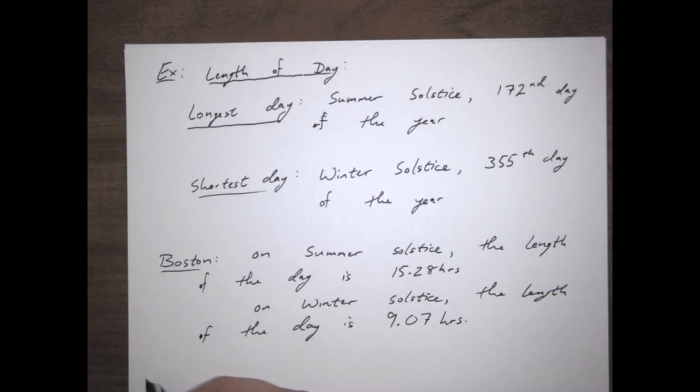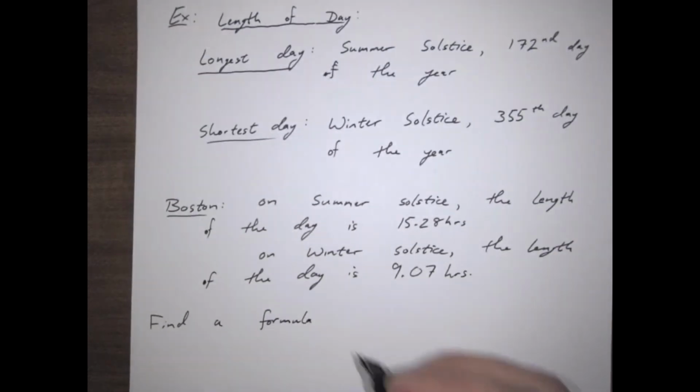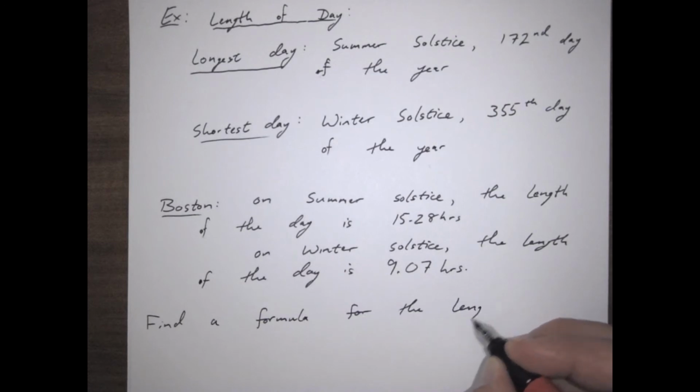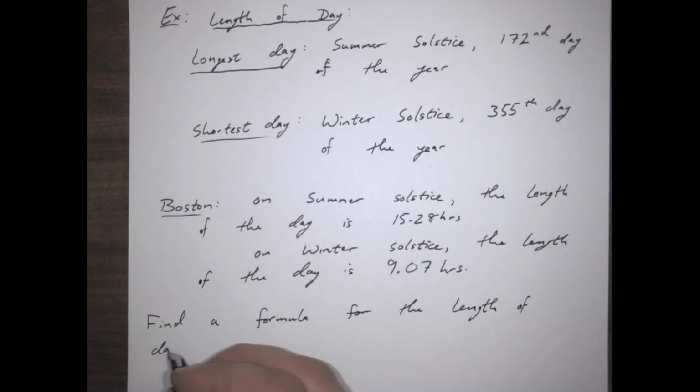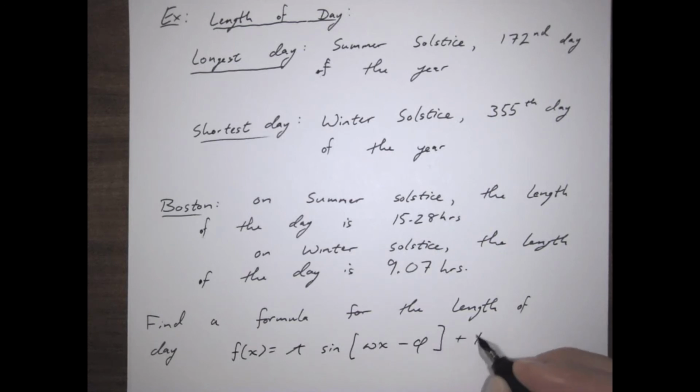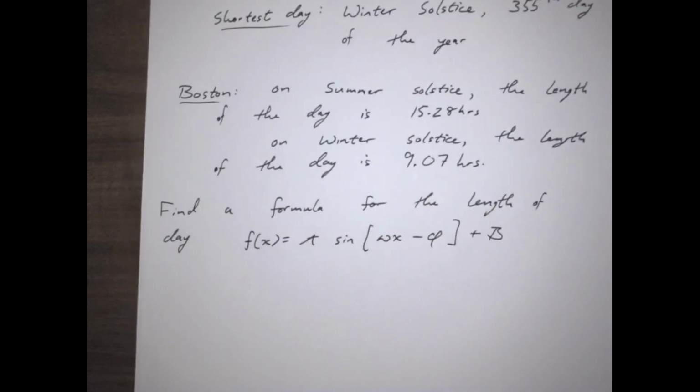All right, now find a formula for the length of day, and the format of the formula is going to be f of x equals a sine omega x minus phi plus b. So regular format.